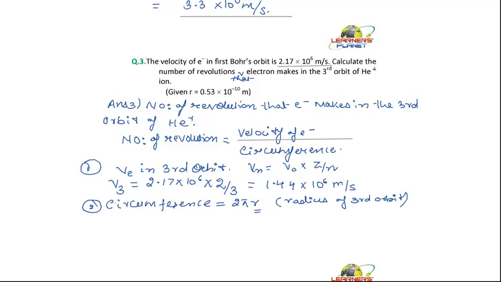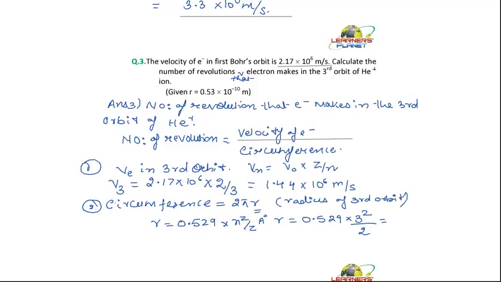So, what should be the radius of the third orbit over here? r is equal to 0.529 into n square upon Z. Now students, this is in angstrom. 0.529 into n, the third orbit, upon, what is the atomic number of helium?